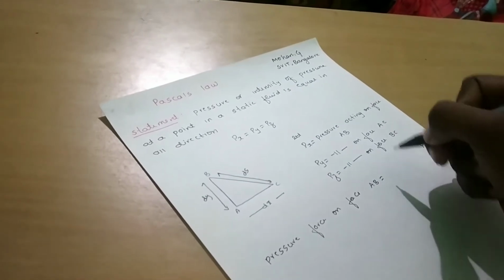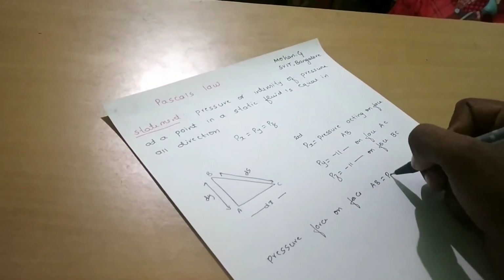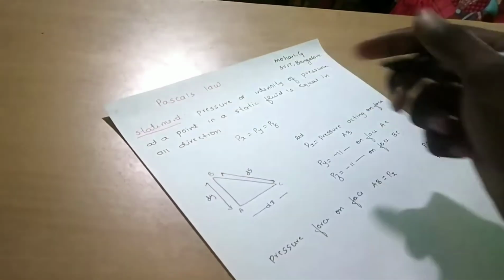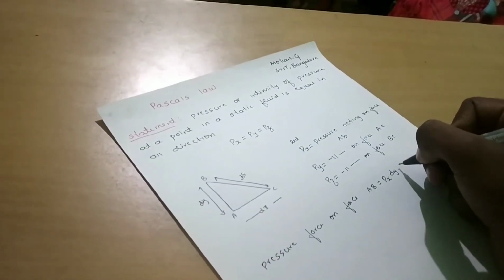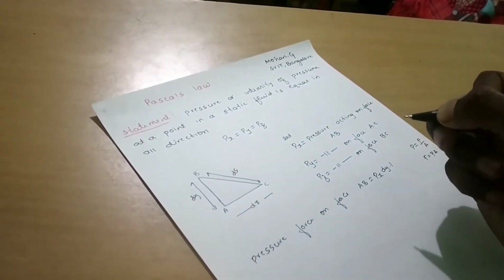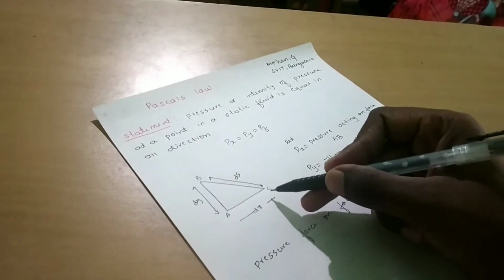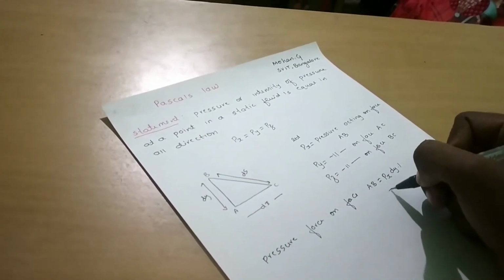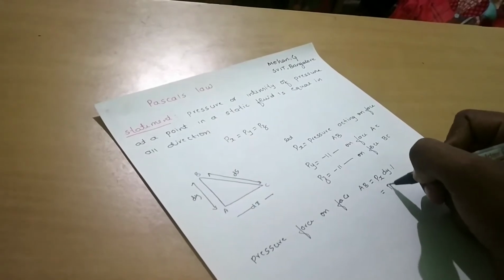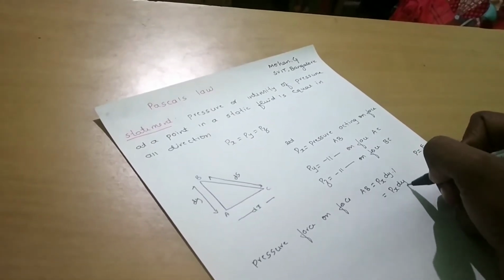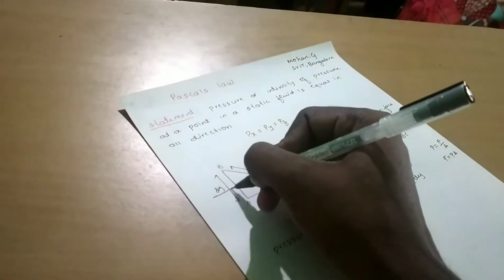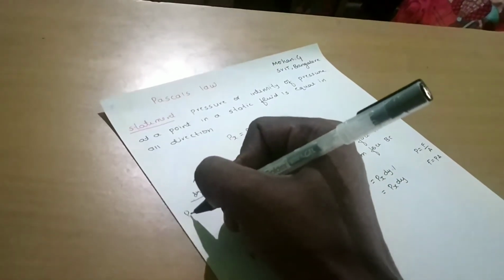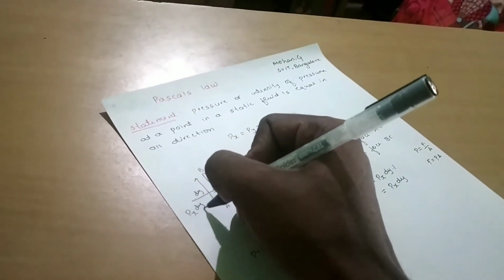Pressure acting on face AB is Px and area of the face AB is dy into 1, because I'm going to assume the width of this element as unity. Therefore, the area is dy into 1. Therefore, the pressure force acting on face AB is Px into dy. This is acting like this. This is Px into dy.